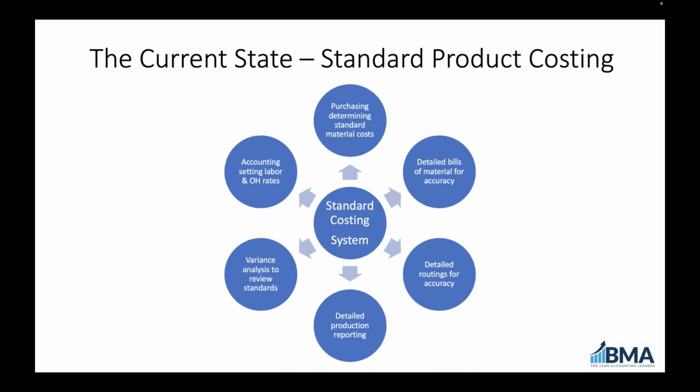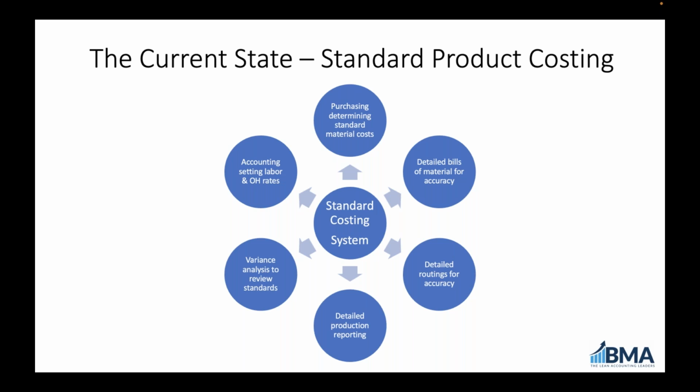So what's going on here is through the standard costing system, it is valuing inventory on the balance sheet and also valuing cost of goods sold, product by product, based on the products that are produced and the products that are sold. Each of those products has a cost.